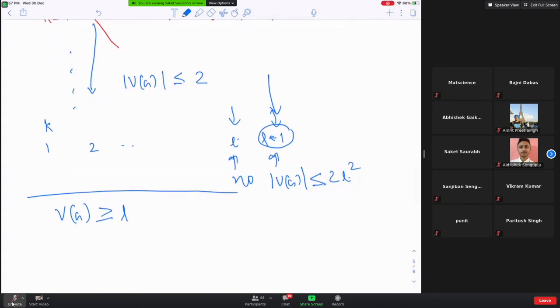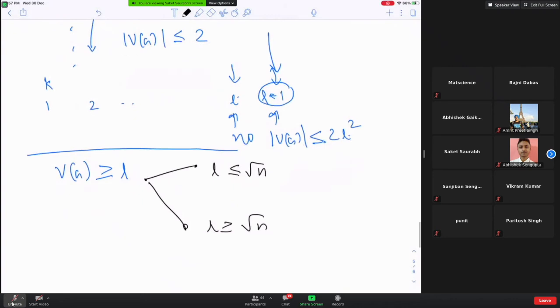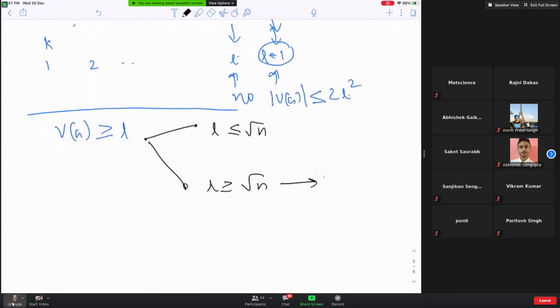Now two cases can happen. L is less than, say, root n, or L is more than root n. If L is more than root n, what can we do? Trivial approximation. Great.